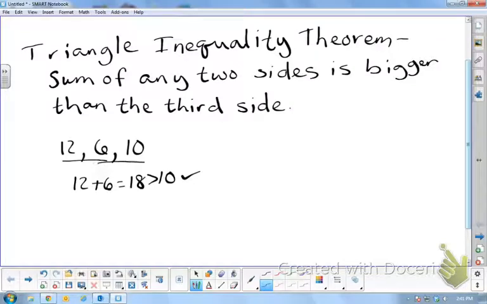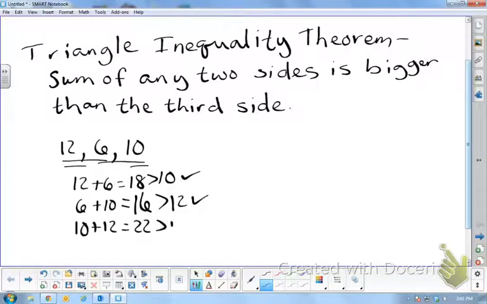If I add together 6 and 10, yes, that's bigger than 12. We get 16, so that's bigger than 12. Yes, I'm good. And then left we have 12 and 10. It's 22. That's bigger than 6. So yes, this would make a triangle. I could make a triangle with those three sides.